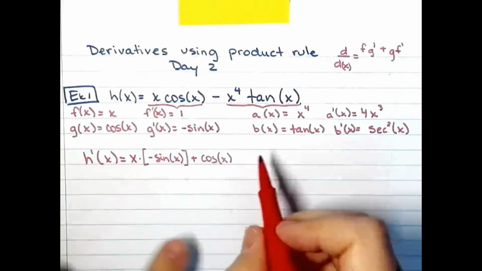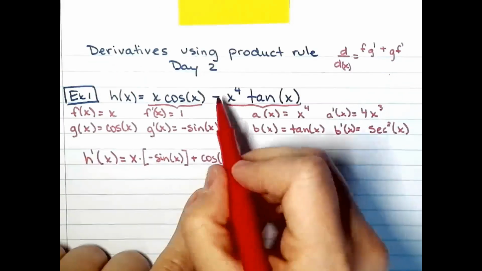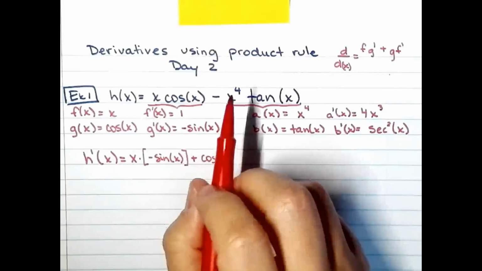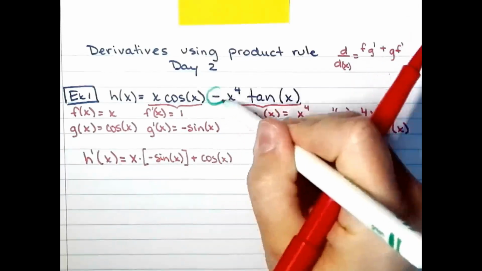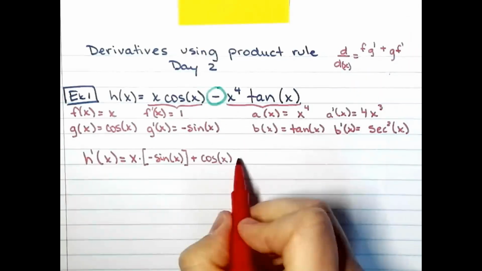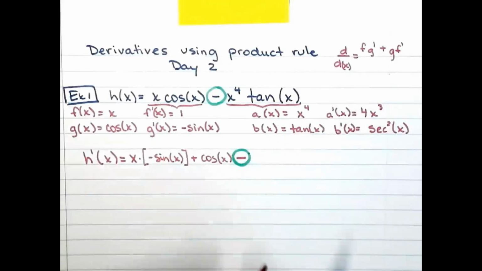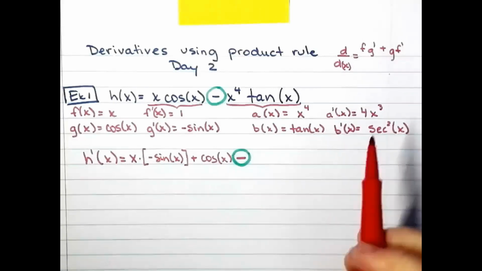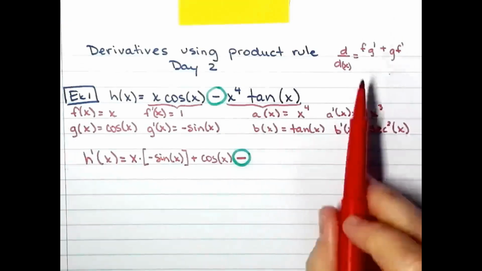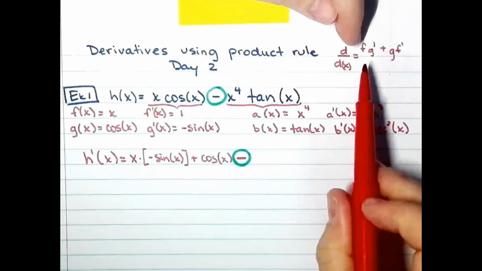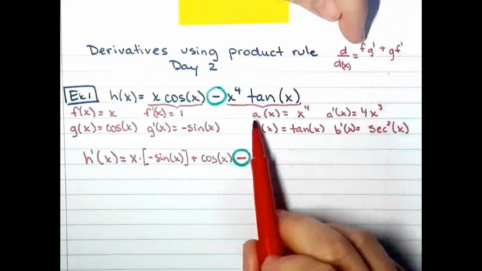I'm just going to rewrite this later. So this negative right here, that is this negative right here. Okay, and I'm going to do the second half by following this formula again. So wherever I see f, I mean a.